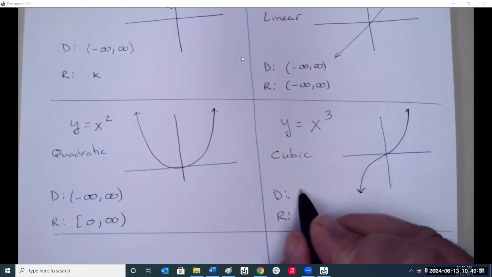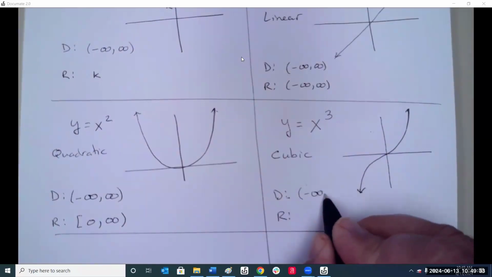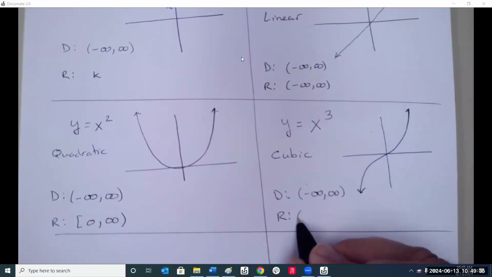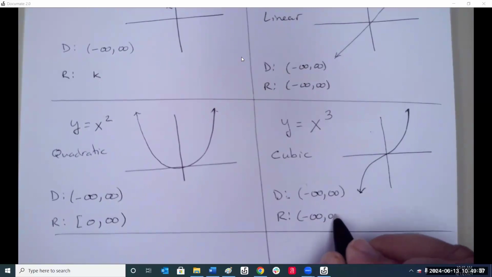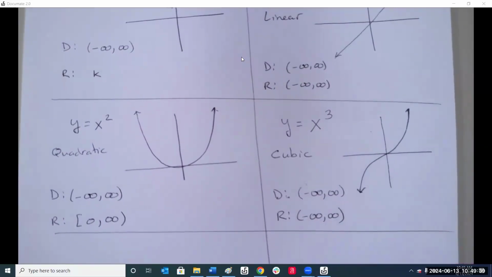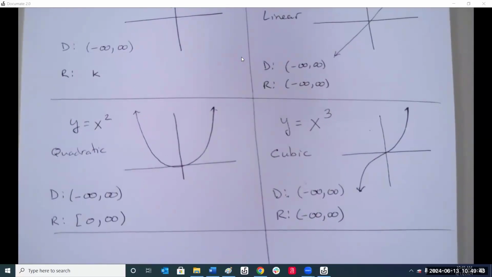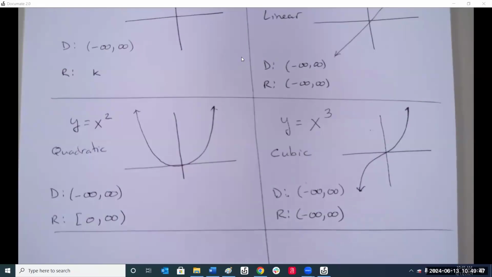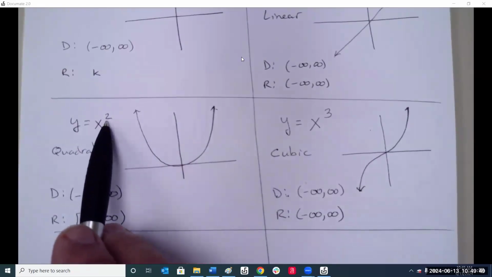And we can see the ends going forever, so it's all real numbers, the domain and the range. Quadratics are even functions.